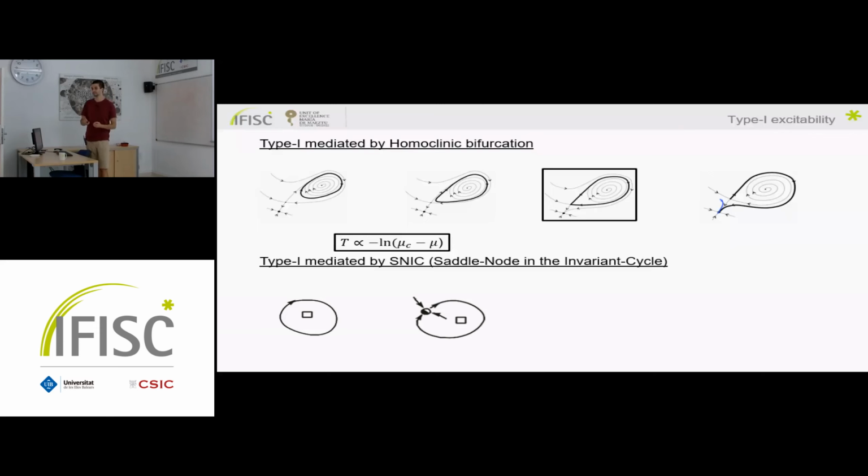So it's going to break it. When approaching here, there is also a divergence of the period of this cycle. In this case, it's going to diverge as a power law. So there is a difference in the divergence in both cases.